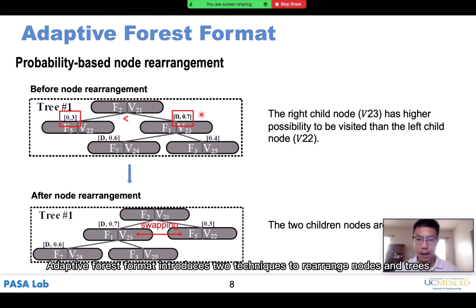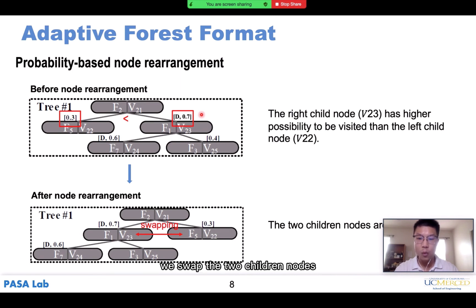Adaptive forest format introduces two techniques to rearrange nodes and trees. The first one is probability-based node rearrangement. Based on the information of edge probability, if the left child has a lower probability of being visited than the right child, we swap the two children nodes.